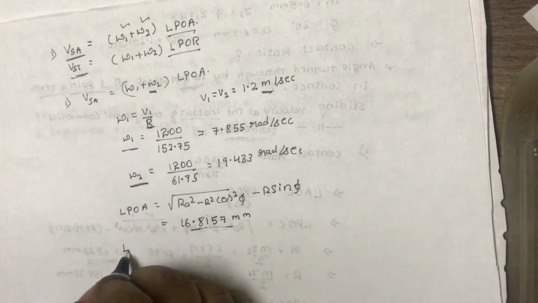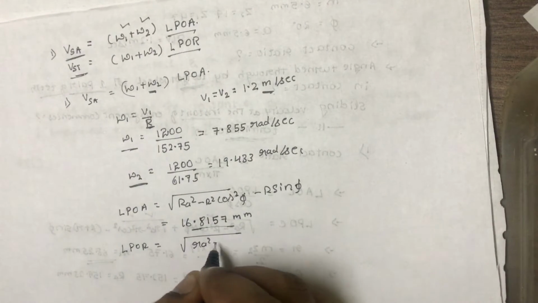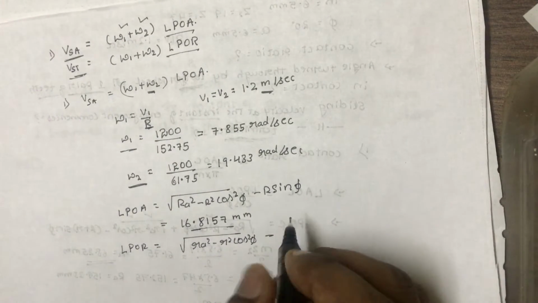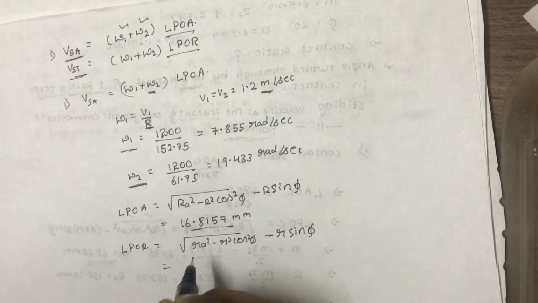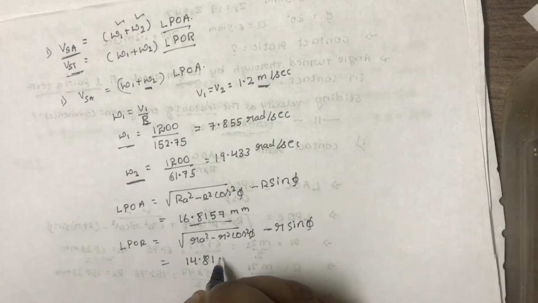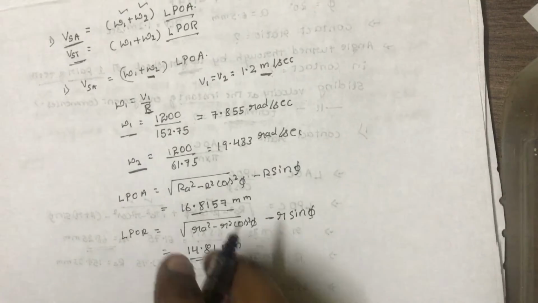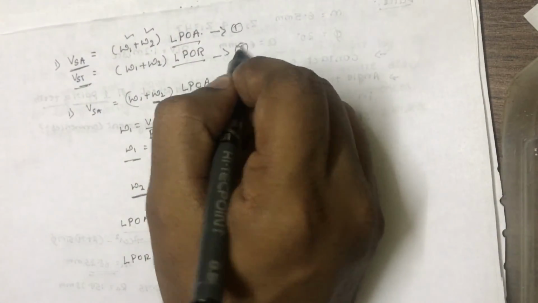Similarly, LPOR is equal to the square root of small RA square minus R square cos square phi, minus small r sin phi. Substituting the values, you'll get 14.81 millimeter.